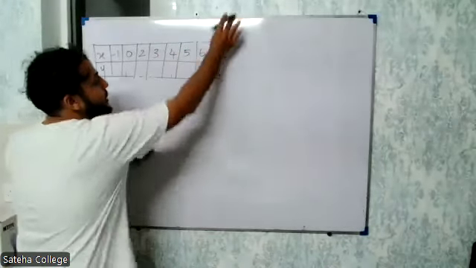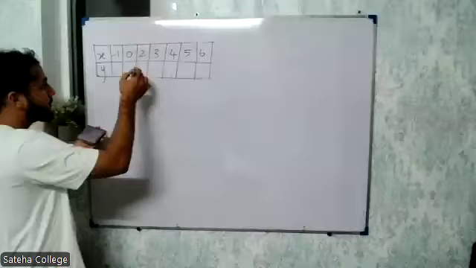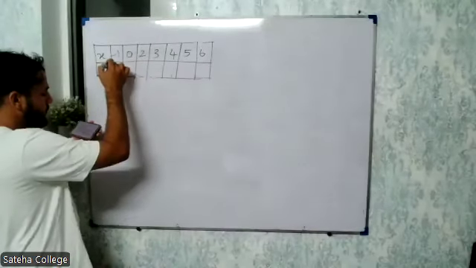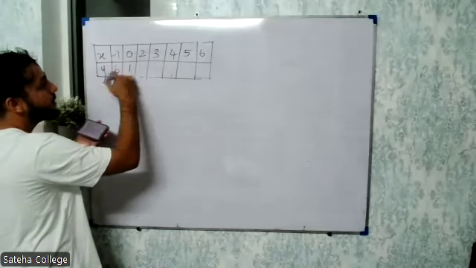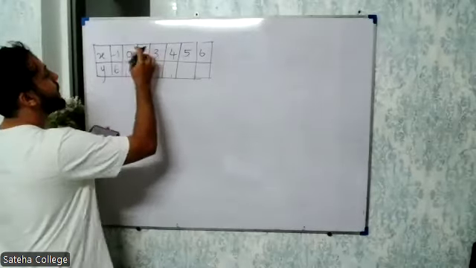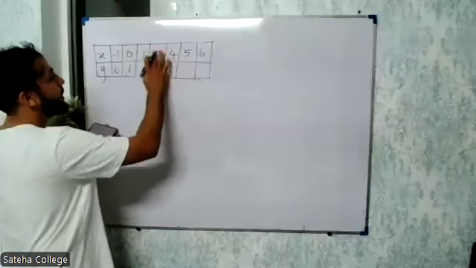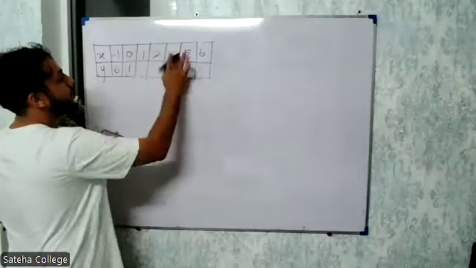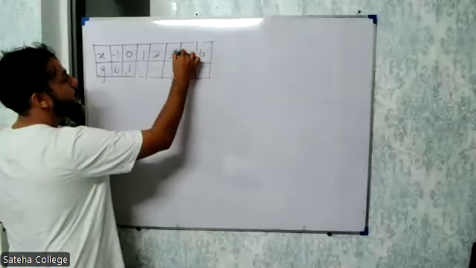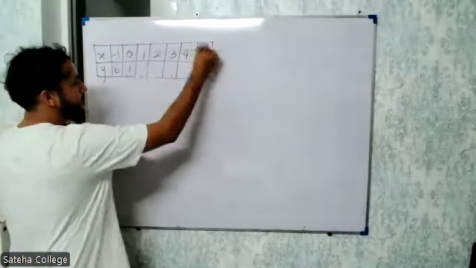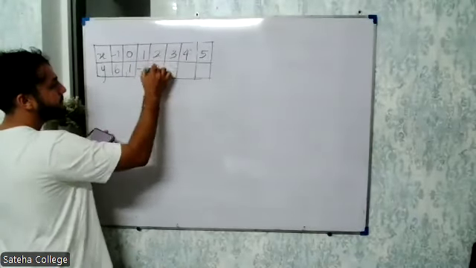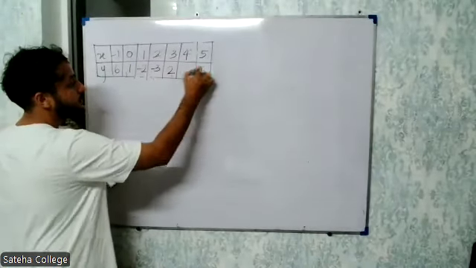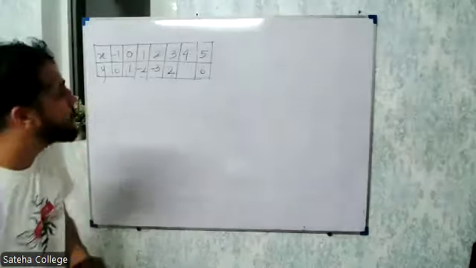Then tell me, what is the blank there? I'm missing minus 1, 0, 1, 2, 3, 4, 5. Now, can you tell me what the blank is? The blank is equal to 1.